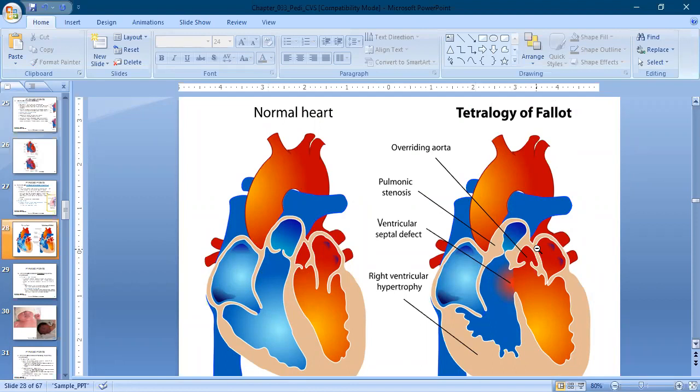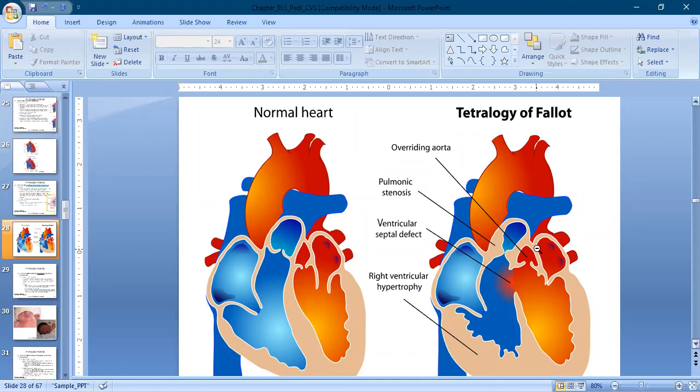So the key symptoms of congenital heart disease are heart failure and hypoxia.